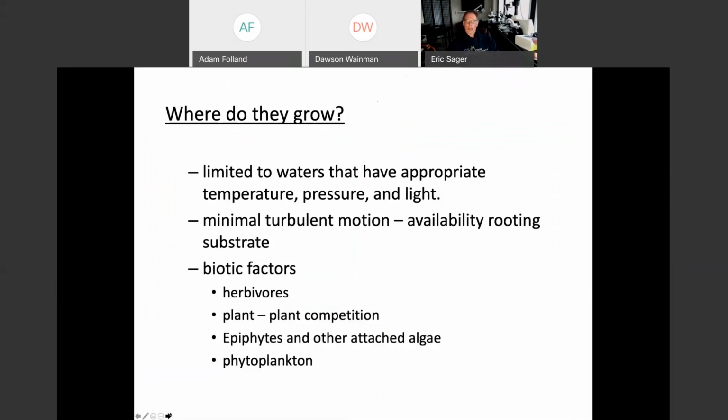And just like our spring ephemerals and our interior upland forest species, they stratify themselves based on temperature. Depth, they're limited by the water pressure as a big part of that. But then they're also limited by turbulent motion in terms of wave activity. So highly exposed environments have very few plants because they don't have the rooting substrate and so forth.